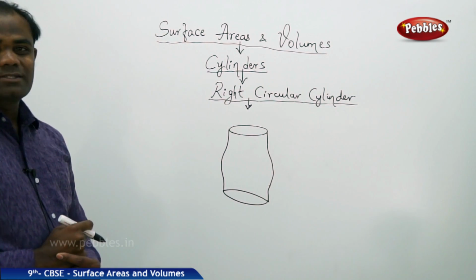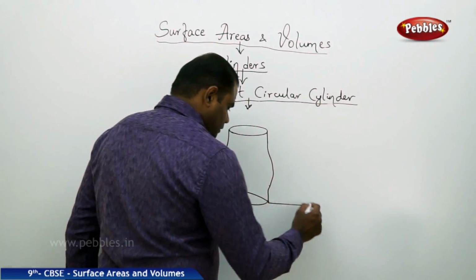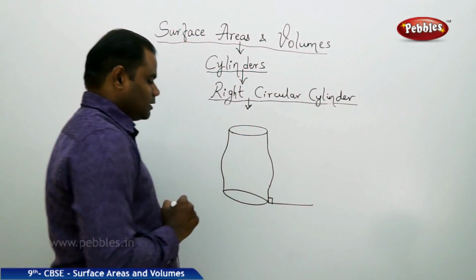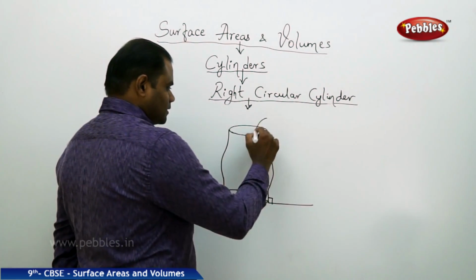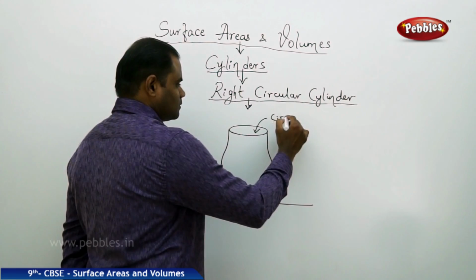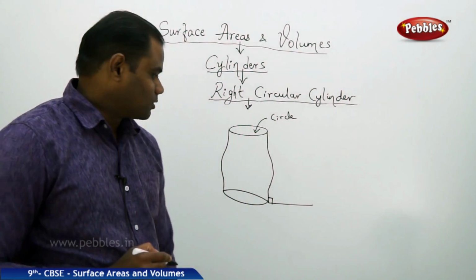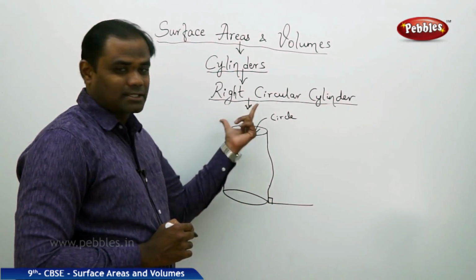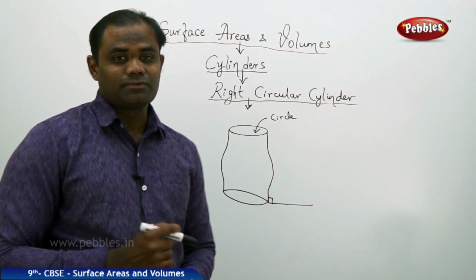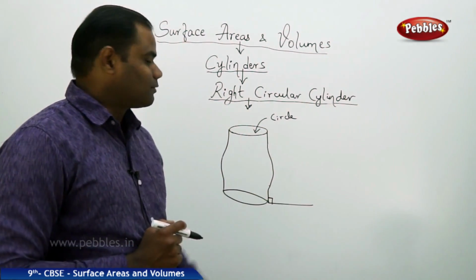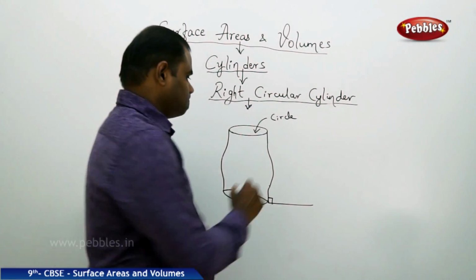This seems to look like a cylinder, but this is not right circular, though it is 90 degrees from the ground. And though I see this 90 degrees from the ground and I see this being a circle, still I say this is not a right circular cylinder because each of the circles as constructed in the cylinder are not of the same size. So here it is very important to note that this kind of a cylinder cannot be a right circular cylinder.